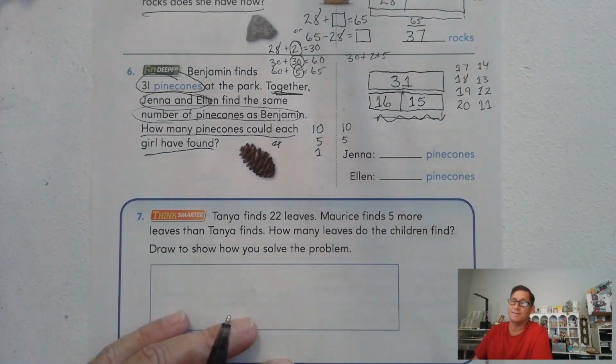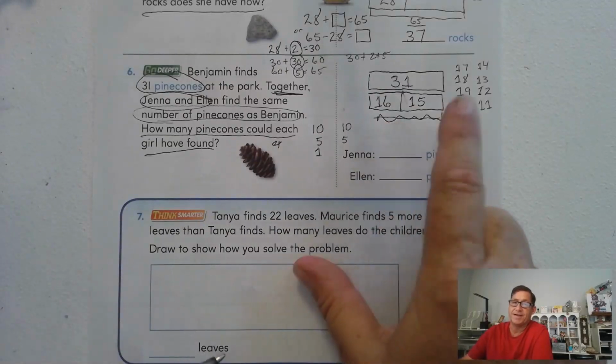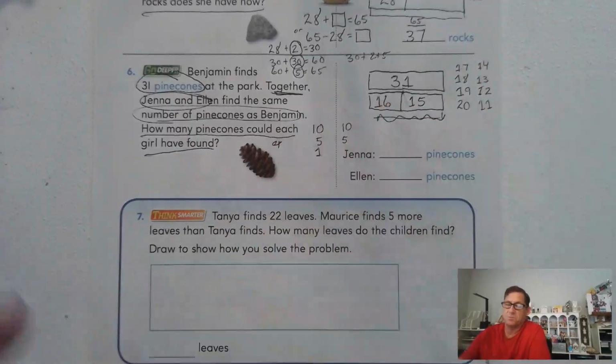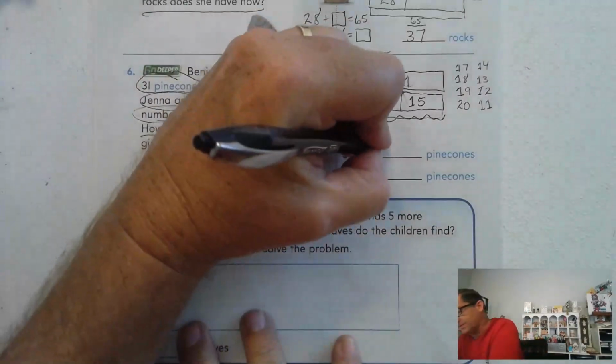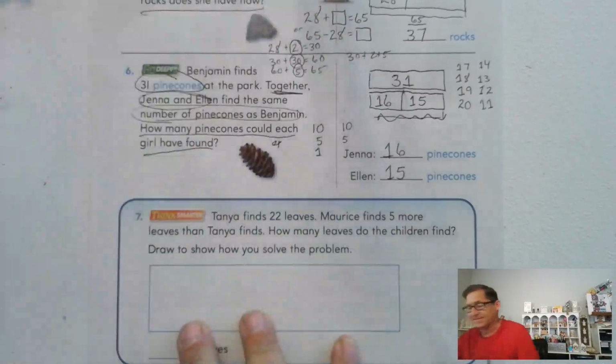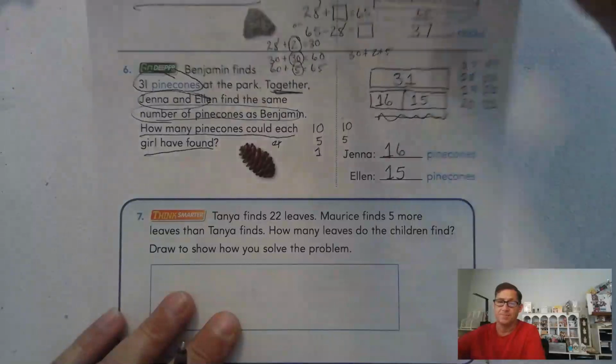And so I could keep going till I got down to like 30 and 1. One girl found 30, the other found 1. So it's up to you. Okay. So there's multiple answers. So I'm going to say Jenna found 16 and Ellen found 15. But there's different answers. Okay. There's not just one combination.